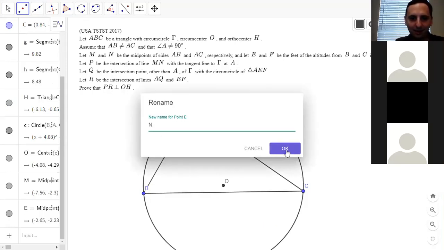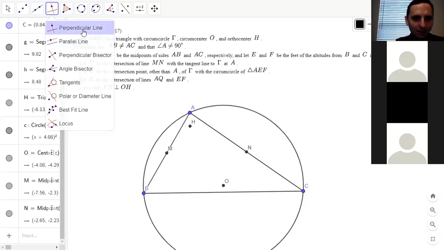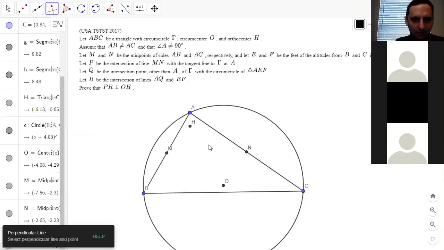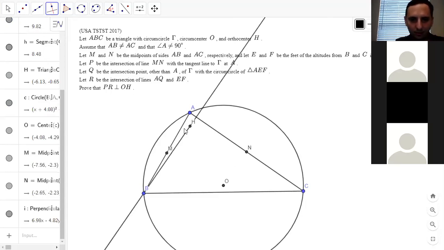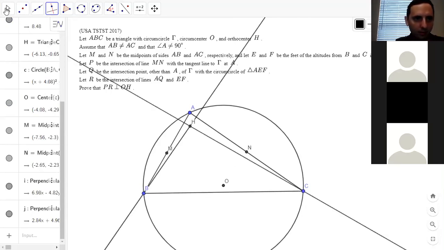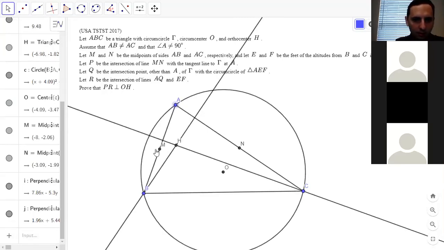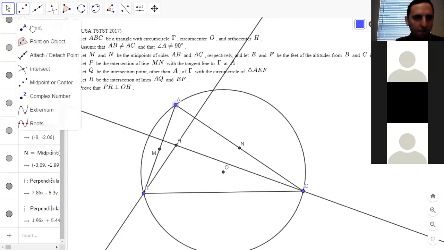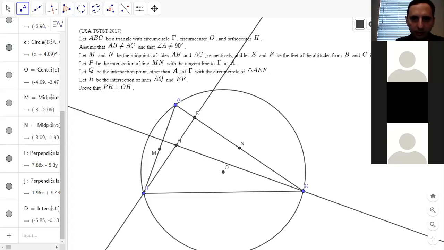E and F are the feet of the altitudes from B and C. So they're going to pass through H, of course. Let me cheat.